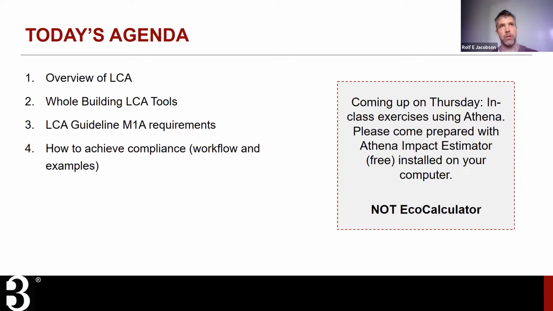We're going to talk about which of those tools are currently allowable within the B3 program, specifically for LCA Guideline M.1A. We'll dive into those requirements later on, and then talk about how to achieve compliance. We'll run through a couple examples and look at the optimal workflow to achieve the targeted reductions there.